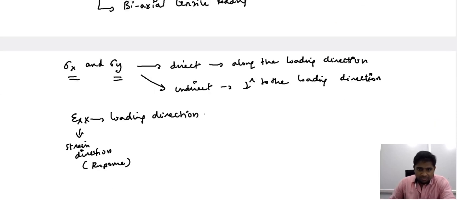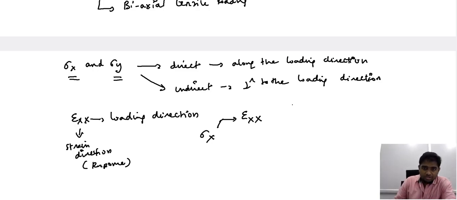Sigma x is the load acting along the x-axis, so in response there will be a strain along the x-axis. Since the strain is along the x-axis, the first subscript will be x, and since the load we are imposing is also along the x-axis, the second subscript will also be x.